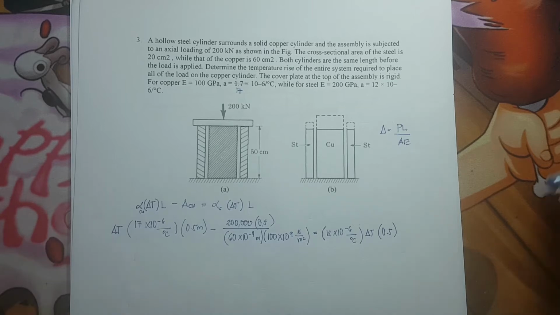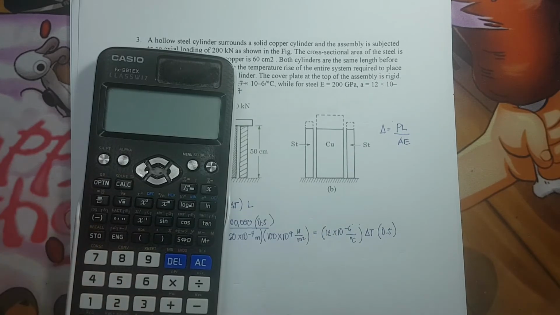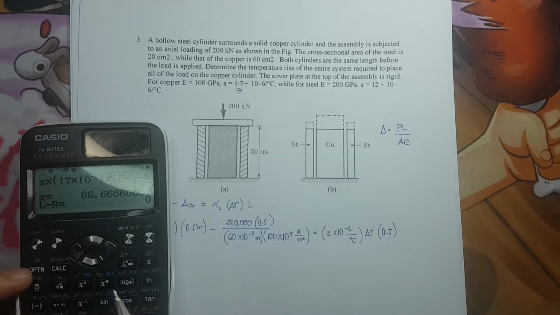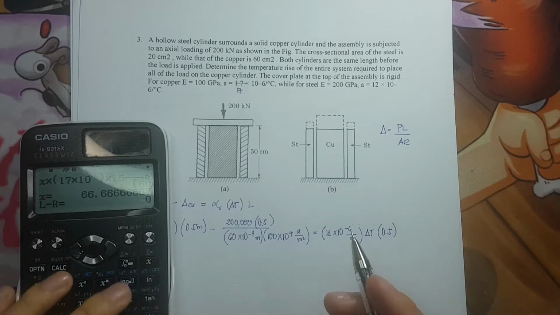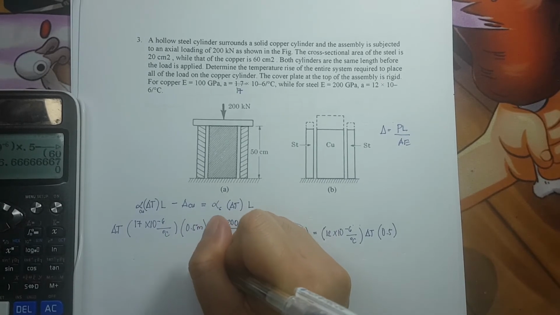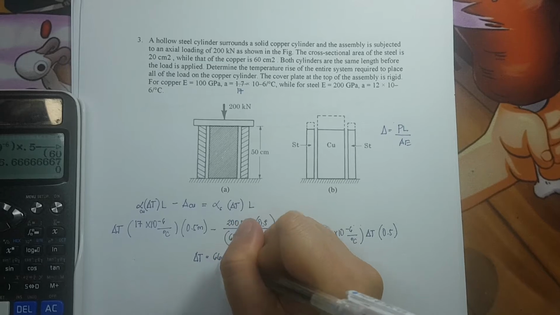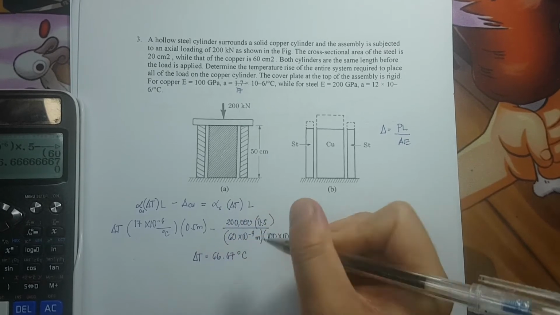So input that in your calculator. Okay. And the final answer is 66.67 degrees Celsius. So delta T is equivalent to 66.67 degrees Celsius.